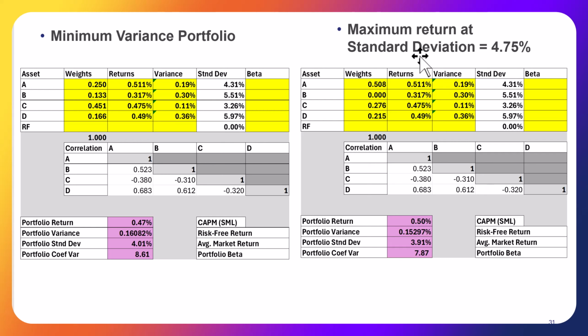So in this example, I plugged in what's the portfolio giving the maximum return at 4.75%. And in this case, I would end up with 0.50 as my portfolio return. Now the standard deviation's off a little bit. I'm not exactly sure why, but it gives me a point on this line.